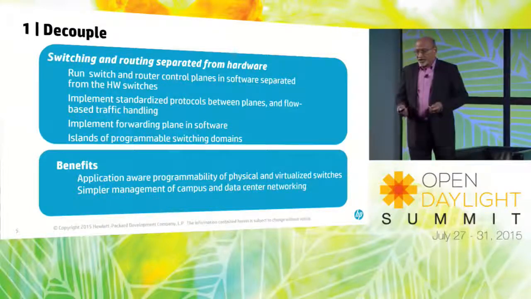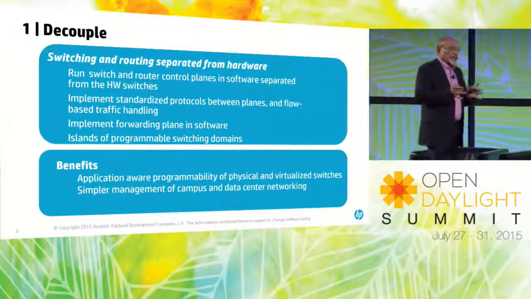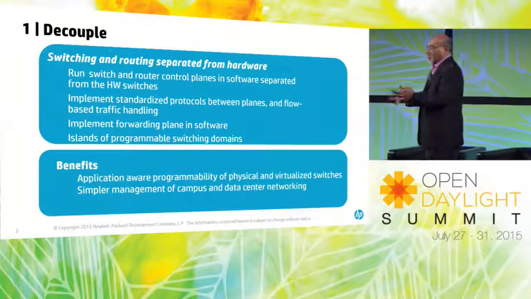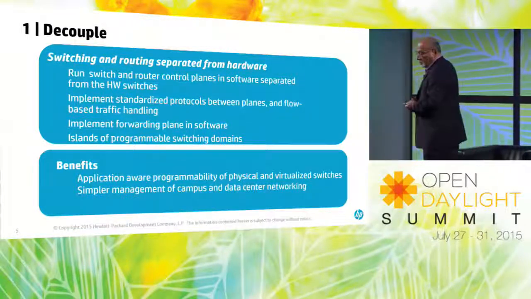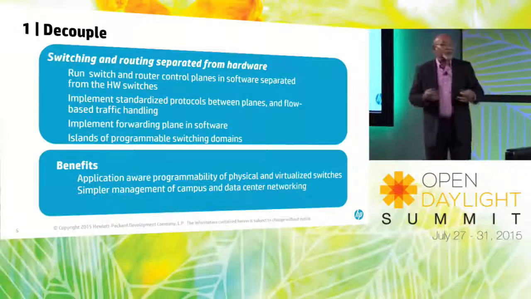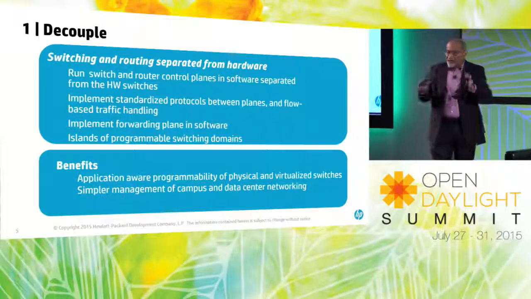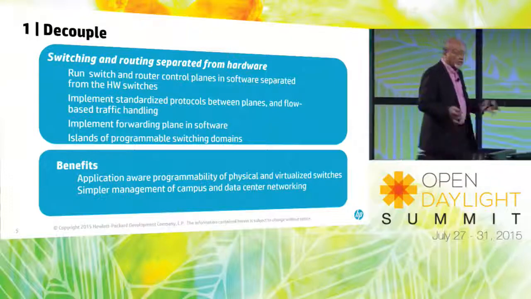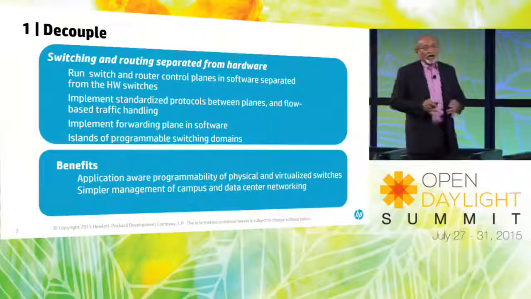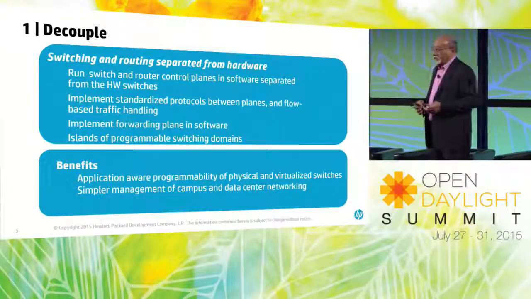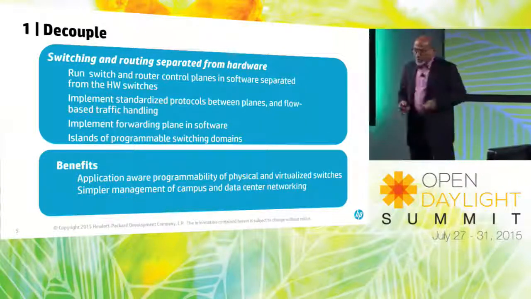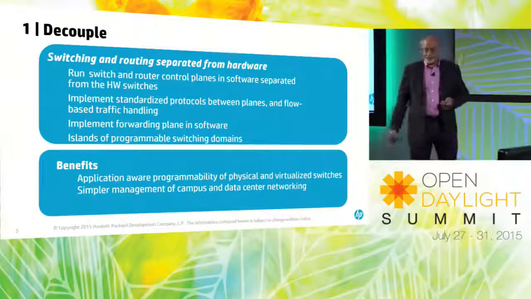But essentially here you're building islands of programmable domains, and you have controllers which control those. And the benefits here, you start to get some application-aware programmability for those domains. You start to get simpler management capabilities for reasonably small networks. So this is very useful in campus and data center kind of networking, small data centers.